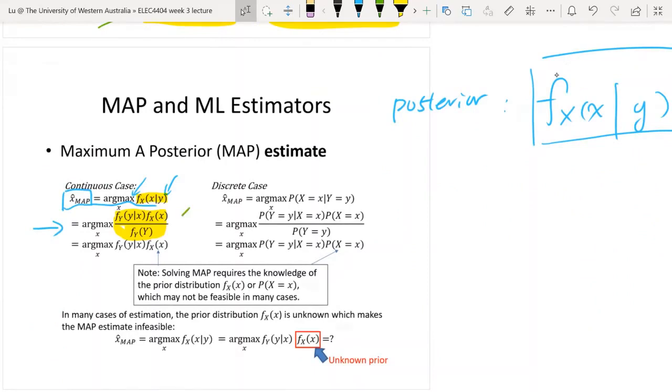In step 2, we have a fraction inside the maximization operation. At the bottom of the fraction is f_Y(y), the distribution of the evidence. But do we need it in this maximization operation? The answer is no, because in this maximization we want to find the X value which maximizes the whole thing. If our focus is just different values of X, the Y value will not affect our decision.